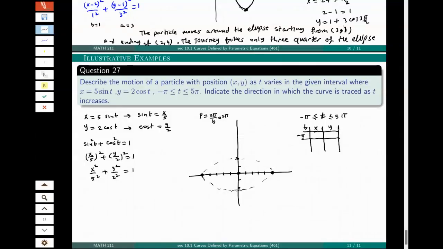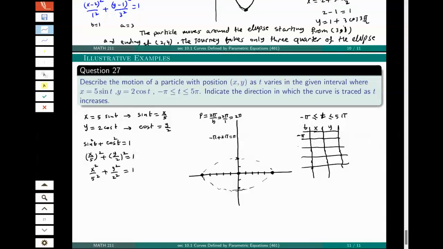So it will be 2 pi divided by 1, which is 2 pi. So the complete cycle will occur after 2 pi from the start. We started at minus pi, so we are expecting the cycle will complete after 2 pi, so minus pi plus 2 pi, it will be pi.